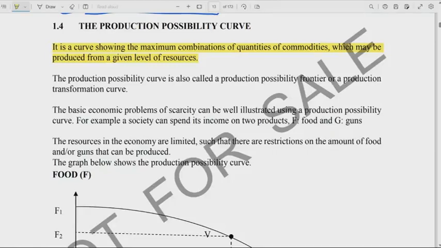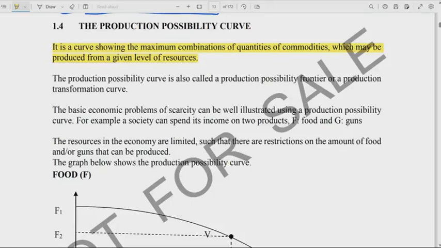It shows a combination of two products or commodities which can be combined to maximize output. So it's a combination of two commodities which may be produced from a given level of resources. With the resources that you have, what is the maximum that you can produce by combining these two commodities?